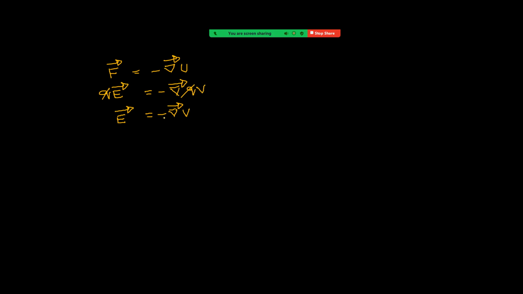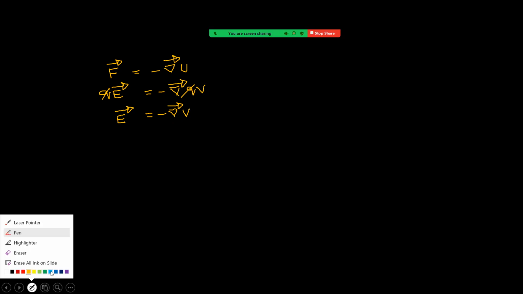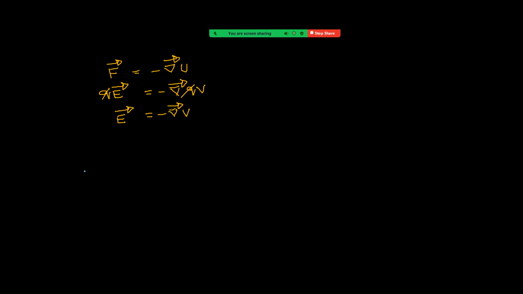Okay. And if you see the negative sign here, along the field direction, potential decreases. What is it? Along the field direction, potential decreases. For example, electric field is along x-axis. Let us take a different color. Let us take the field along x-axis. Okay, this is x-axis.